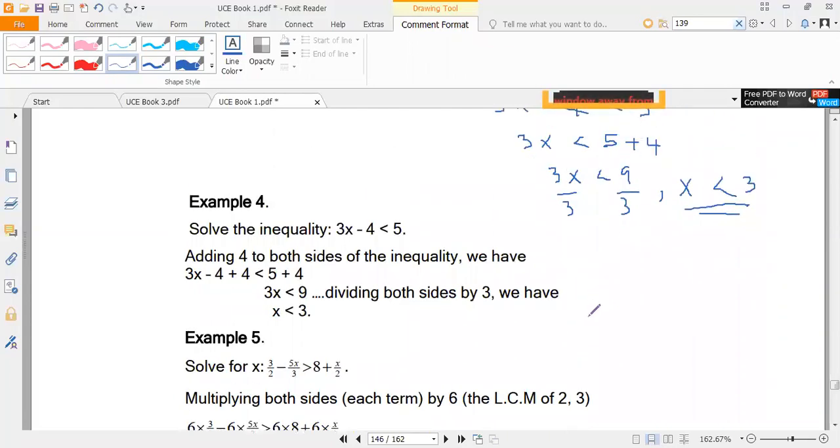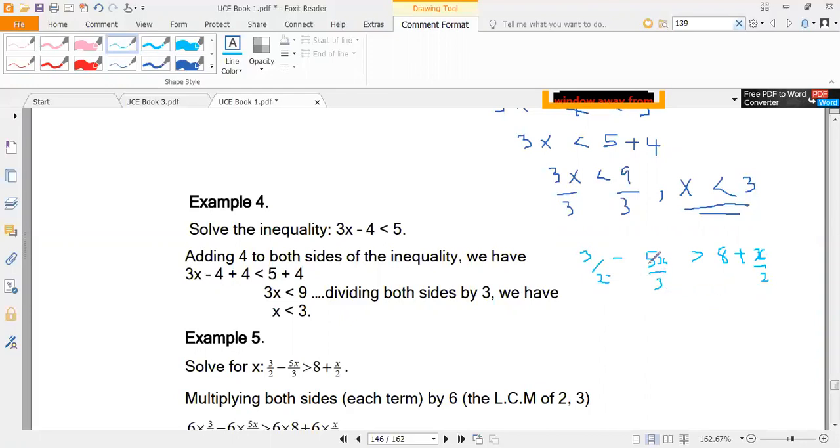Let's look at the second example. We have 3 out of 2 minus 5x out of 3 is greater than 8 plus x out of 2. When you have such a situation, because we have denominators, we first look for the LCM, the lowest common multiple of the denominators, and that is 6.